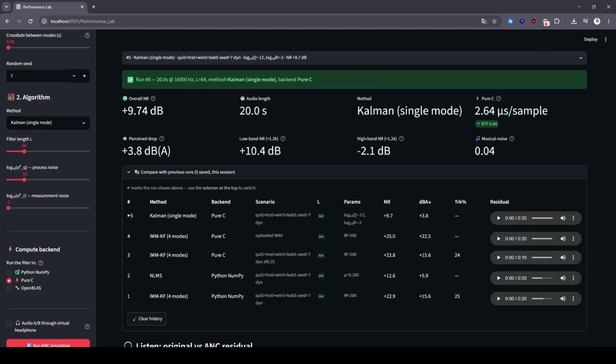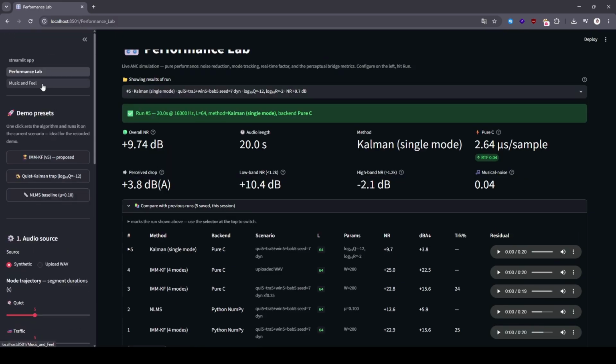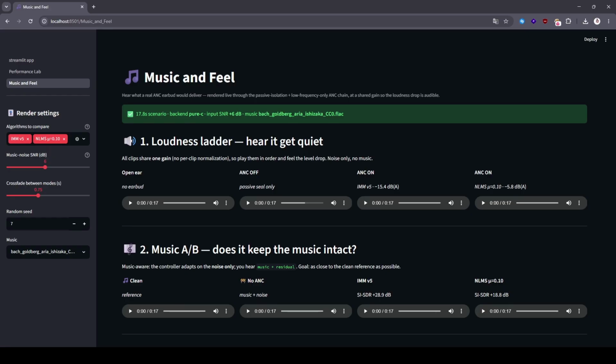Now my friend will hand over to the music and feel part to understand what it's actually doing in the virtual headphone scenario. Yeah, thank you. So the graphs are all good to see how it cancels the noise, but obviously music is just with our ears.